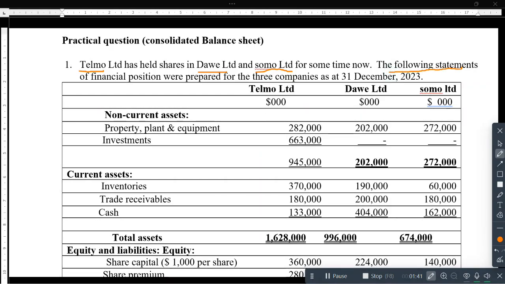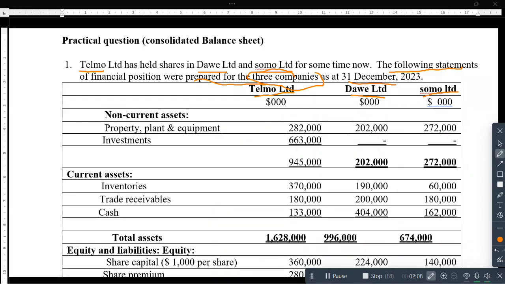We shall test as we move on. The following statements of financial positions were prepared for 3 companies. Now, this is what I was talking about. They're giving us 3 statements of financial position for 3 companies as at 31st December 2023. Company 1 is Teremo Limited, company 2 is Dawe Limited, and company 3 is Somo Limited.